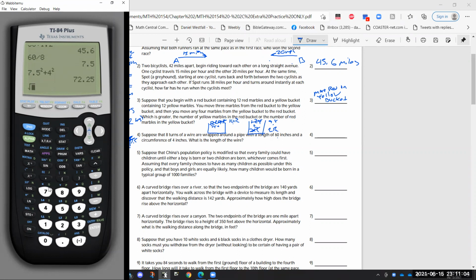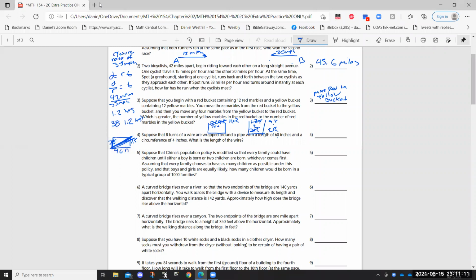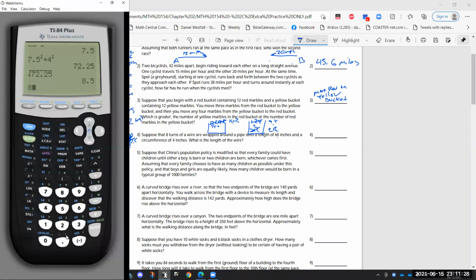So square root of 72.25 is 8.5. So each turn of wire is going to be 8.5 inches. I've got 8 of those turns of wire. So 8.5 times 8, I should have 68 inches of wire.